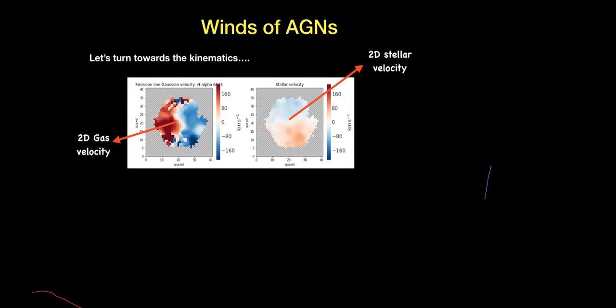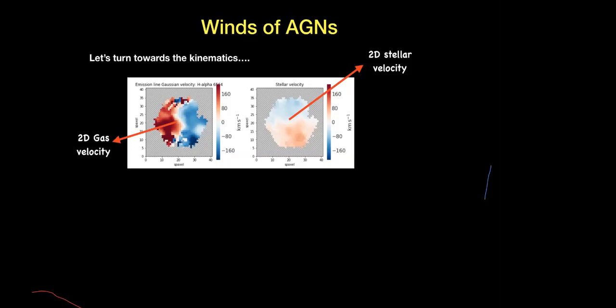The map on the right is the stellar velocity field. This basically shows how the stars are moving in the galaxy, and it is extracted from the continuum that I showed you before in a spectrum. And this is the spatially resolved velocity of the ionized gas, and we have used the H alpha line as the tracer, similar to what I was showing you in the previous maps.